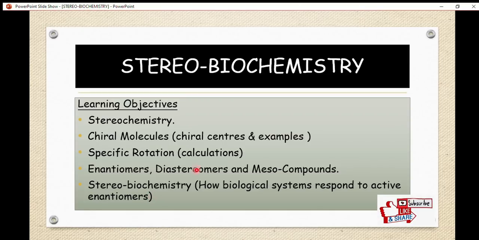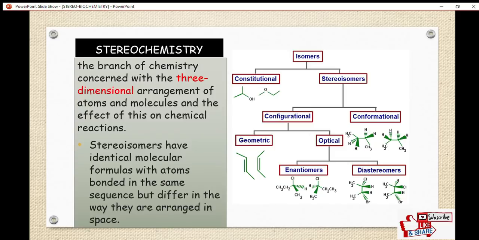Without wasting my time, let's start with stereochemistry. Stereochemistry is a branch of chemistry concerned with the three-dimensional arrangement of atoms and molecules and the effects of this on chemical reactions. It deals with stereoisomers, and they represent molecules in a three-dimensional view.